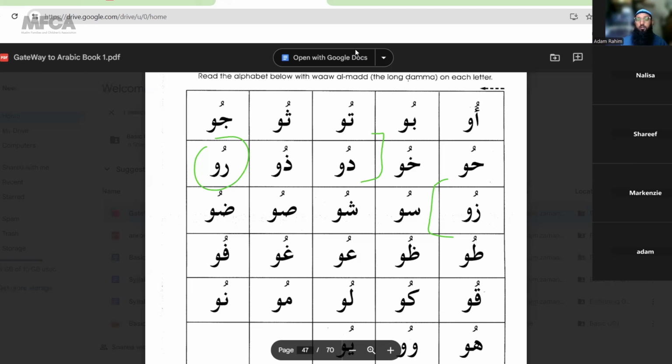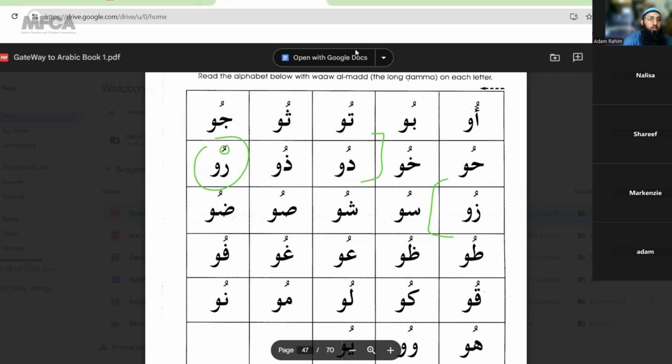They look the same. Okay, so if you notice, this is like a backward C. And this one, if you notice, it's longer, towards the bottom. Correct. So this is going to be the letter ra. This is the letter ra, and it has the damma, the u sound, and also associated with that is the waw. So it becomes a long vowel. Ooh.